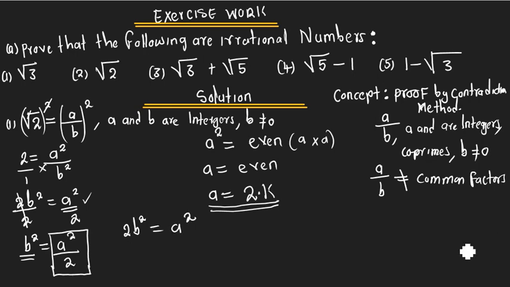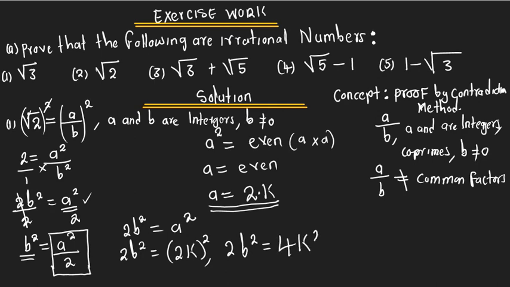Then 2b to the power 2 is going to equal, while there is a, I'm going to put 2k. Then after that, this is going to be 2b power 2 is equal to 4k power 2.